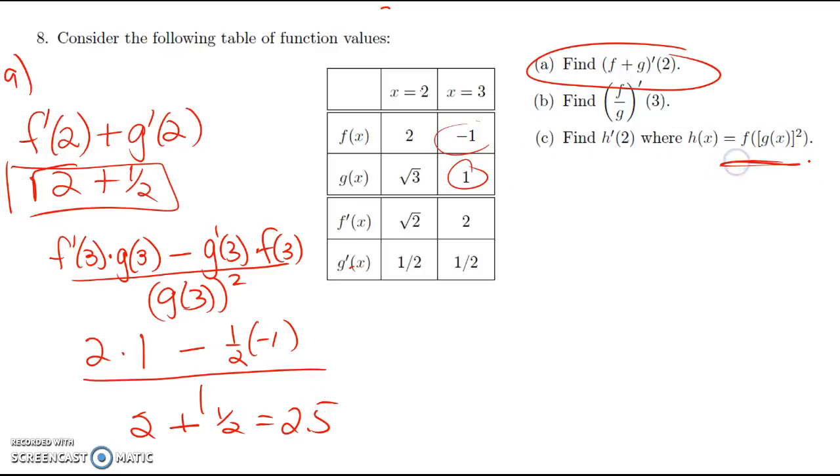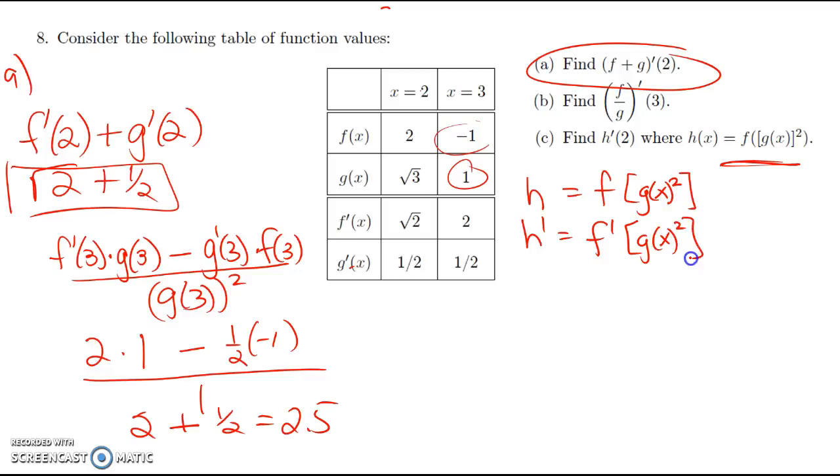Now, composition, right? So let's take h prime. First of all, h equals f of g of x squared, right? So h prime, first it's f prime of this thing, times the derivative of the inside.